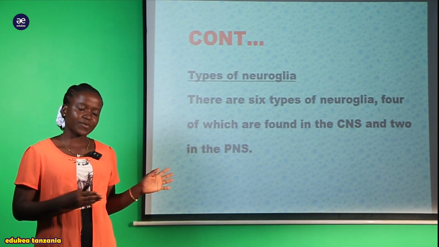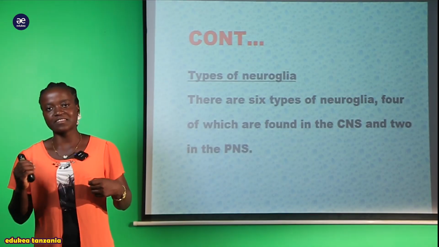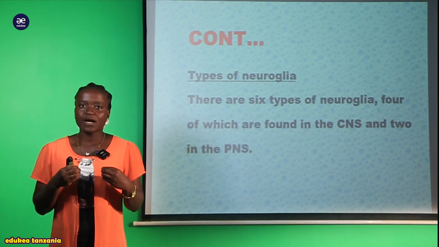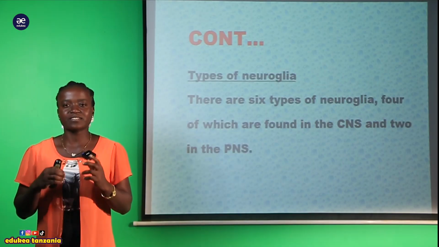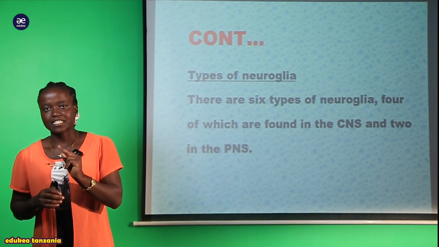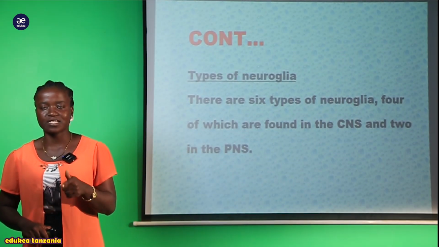So here within the neuroglia, remember neuroglia is found within the nervous tissue. So we are saying that we have almost 6 types of the neuroglia, but 4 of which are found within the central nervous system.